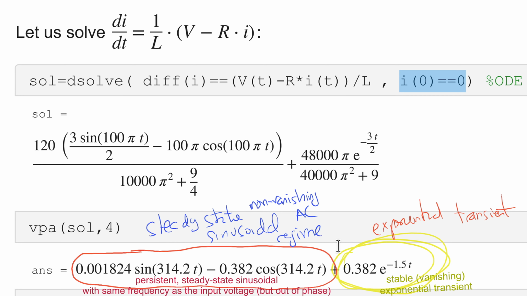We'll do it in a few minutes. And then this exponential transient will last for a short time and will eventually disappear because my system is stable. How long will this exponential transient last?